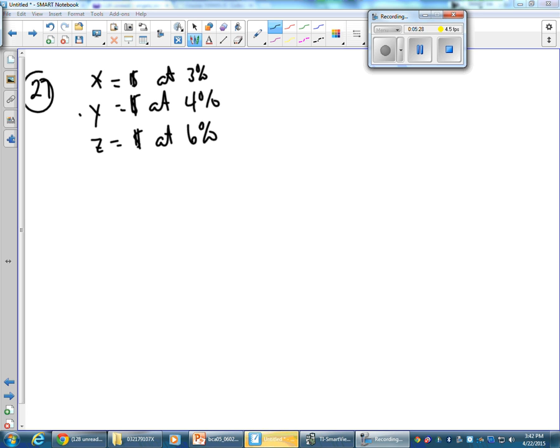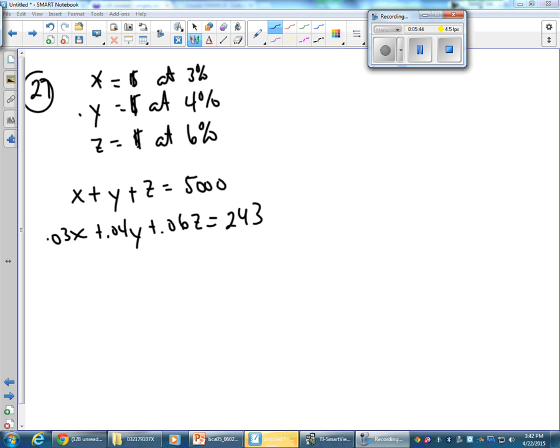So he invested $5,000. So total between these three is $5,000. If I did the 3% of X and the 4% of Y and the 6% of Z, that should give me the total interest, which was $243. All right, there's 1,500 more invested at 6% than at 3%.